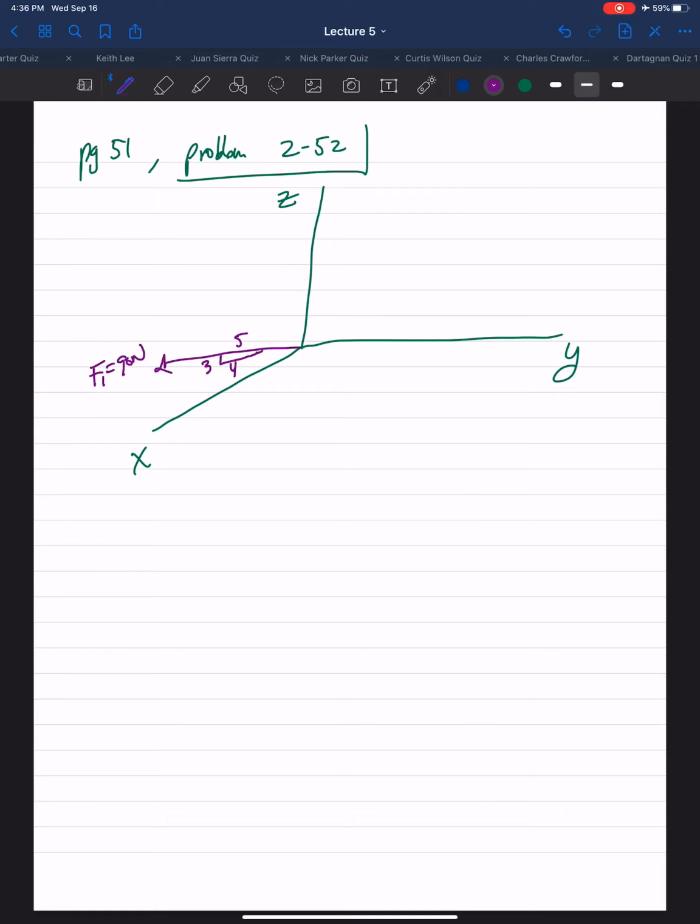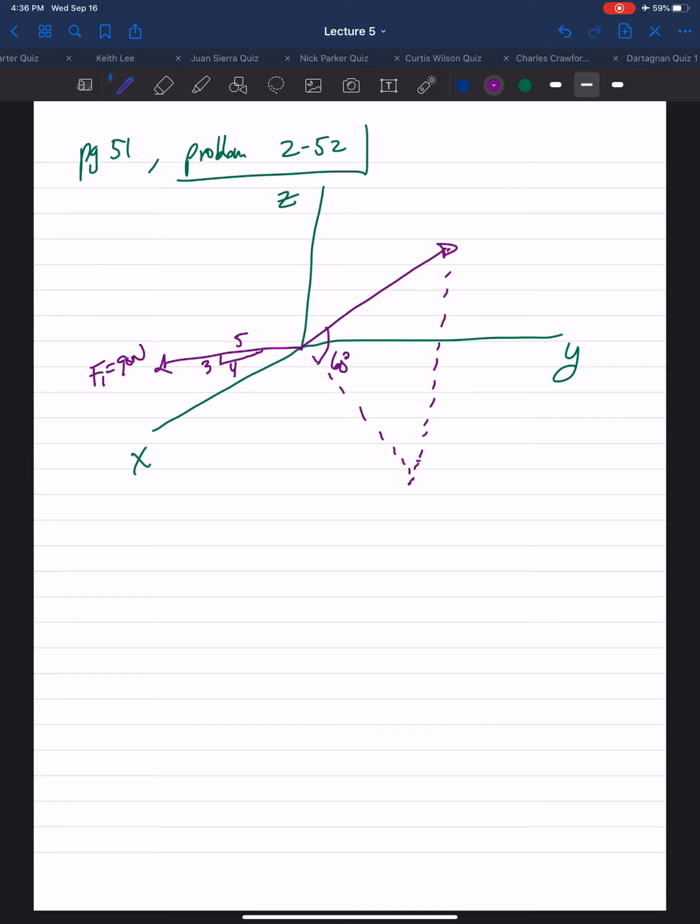There's an F2 force. And they gave us the angle to get us in the XY plane. This angle is 60 degrees.